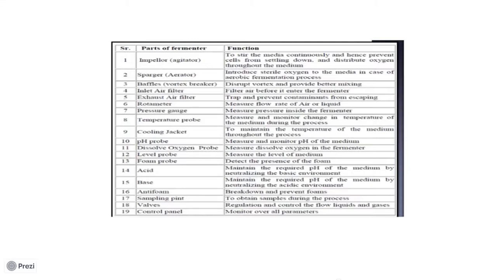Rotameter measures the flow rate of air or liquid, pressure gauge measures pressure inside the fermenter, temperature probe measures and monitors changes in temperature of the medium during the process, cooling jacket maintains the temperature of the medium throughout the process, pH probe measures and monitors pH of the medium, dissolved oxygen probe measures dissolved oxygen concentration in the reactor, level probe measures the level of medium, foam probe detects the presence of foam, acid reservoir is used to maintain the required pH by neutralizing the basic environment, base reservoir maintains the required pH of the medium by neutralizing the acidic environment, and antifoams break down and prevent the formation of foams, thereby increasing the mass transfer coefficient in the reactor.